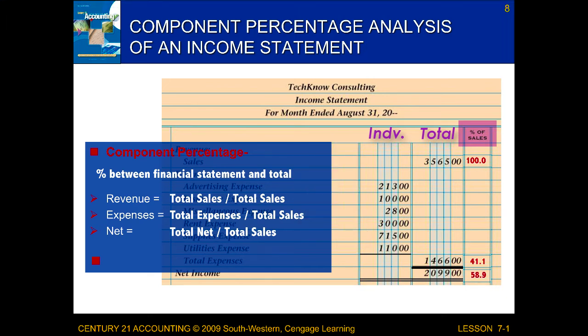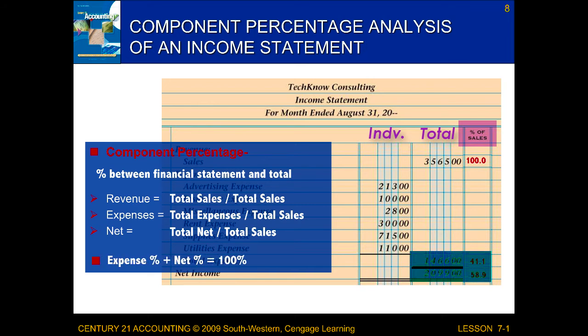58.9. Now, a way for you to double check this is whatever percentage that you're finding, so in this case, I'm finding the percentage of sales, sales should be 100%. If I was finding the percentage of expenses, expenses would be 100%. Whichever two you're not finding, so in this case, I'm not finding total expenses percentage, I'm not finding the net income percentage, I would take those two and together they should add up to 100.